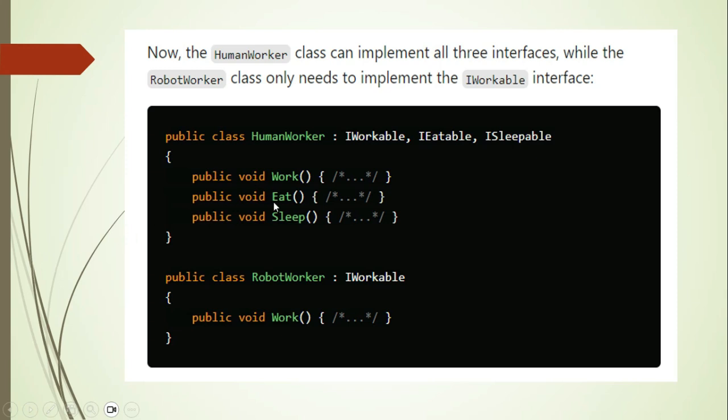Okay, so this means human implements the behavior of this interface, this interface and the iSleepable interface. But on the other hand, a robot worker is inherited only from the iWorkable interface.